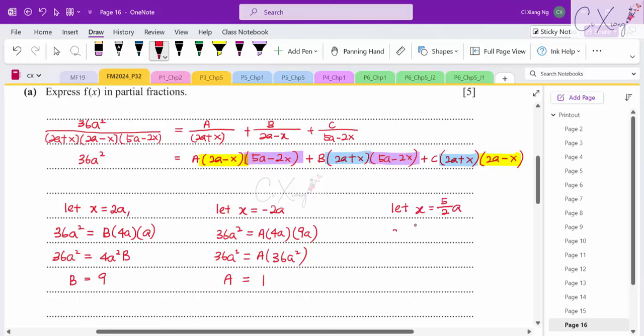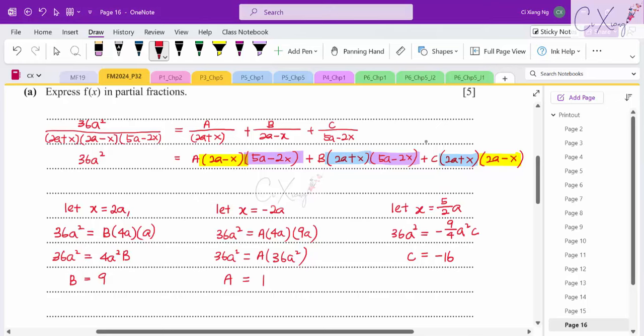If I substitute x equals 5 over 2a in the whole equation, these two purple color brackets will become 0 definitely. So what do I have here in the term of c? If you simplify this term, you'll have negative 9 over 4a squared times c. Simplify it further, and your c would equal negative 16.